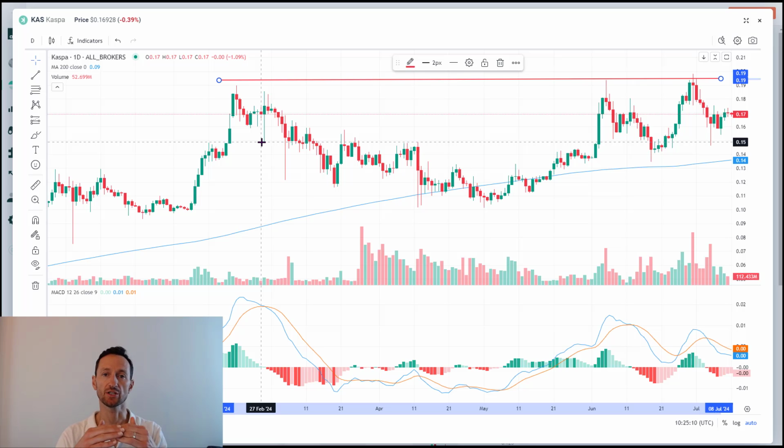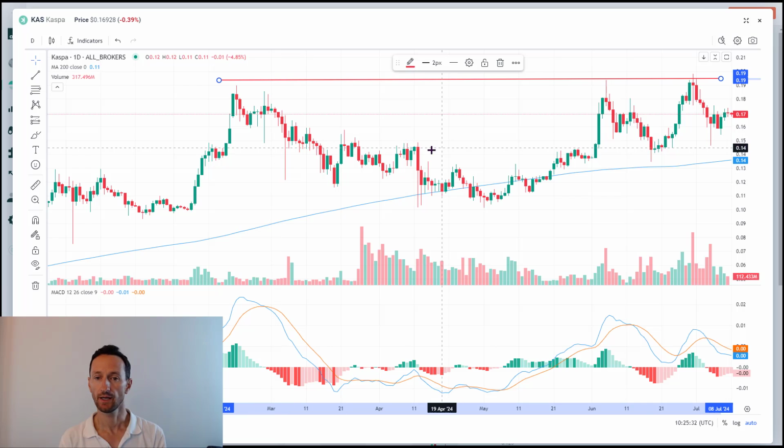Once resistance is broken, that level becomes support. It was resistance here, it was broken and became support, and so on and so forth.